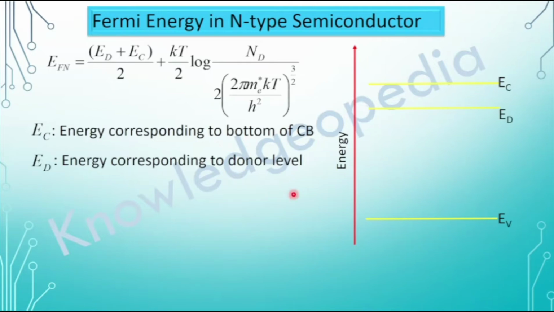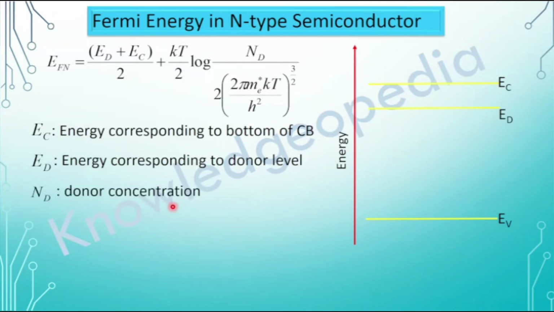As we have discussed in previous lectures, N-type semiconductors are doped with group 5 elements which have extra electrons and they donate those electrons to the semiconductor. The energy level where those extra electrons lie is known as the donor level, denoted by ED. So ED is the energy corresponding to the donor level in an N-type semiconductor.